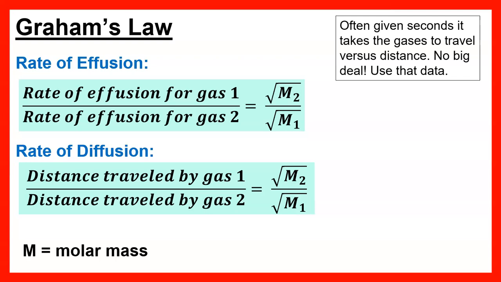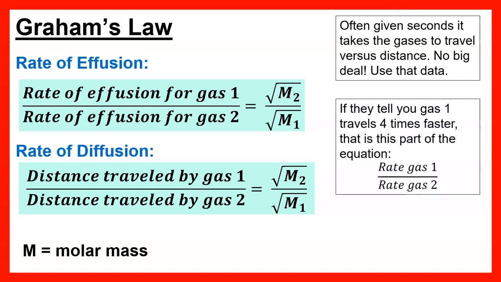Sometimes what they will tell you is that if you have gas number 1, it travels 4 times faster than gas 2. What they're telling you is this part here. If gas 1 is 4 times faster, then what you would put for this ratio would be a 4.